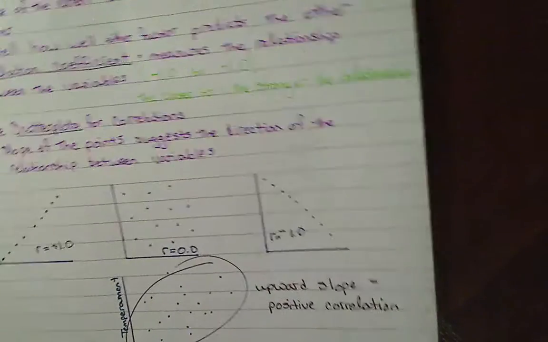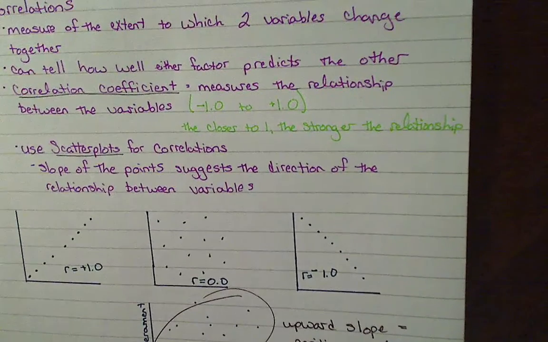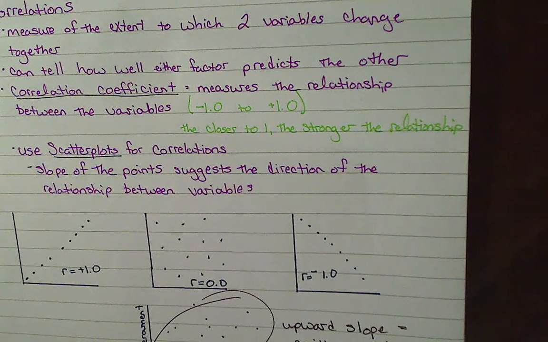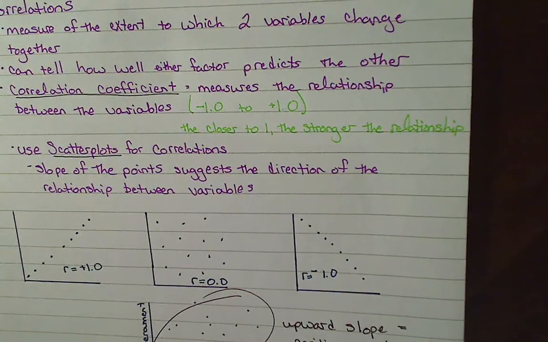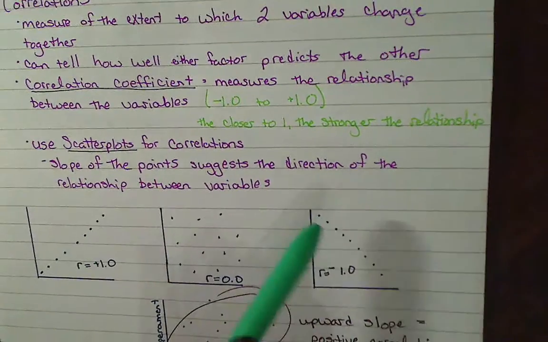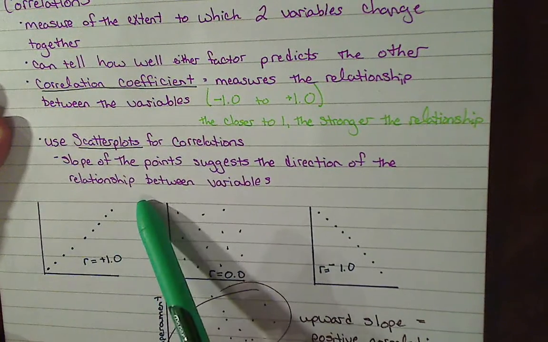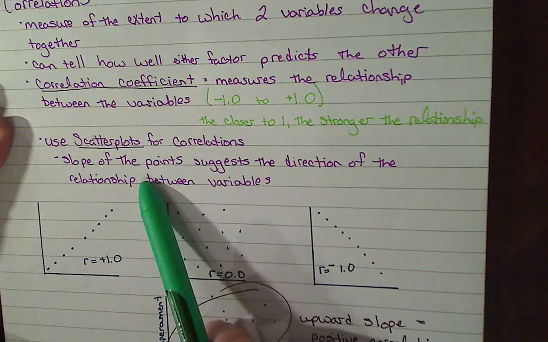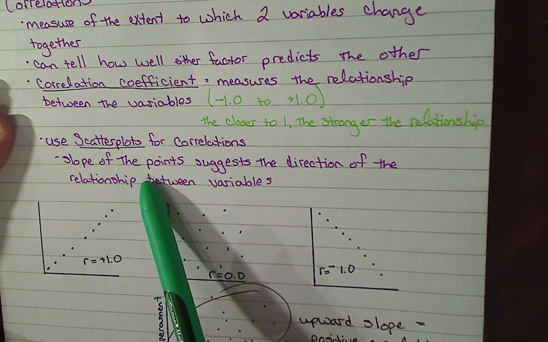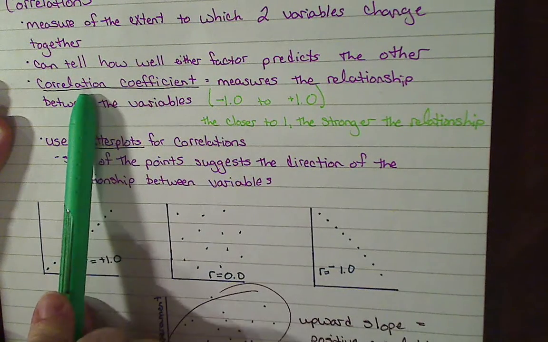When we're looking at our scatter plot, now obviously this is ideal and you're really not ever going to get a scatter plot that is this nicely defined. But if it is sloping up, if the dots tend to go up and to the right, it is a positive correlation. And that's our correlation coefficient.